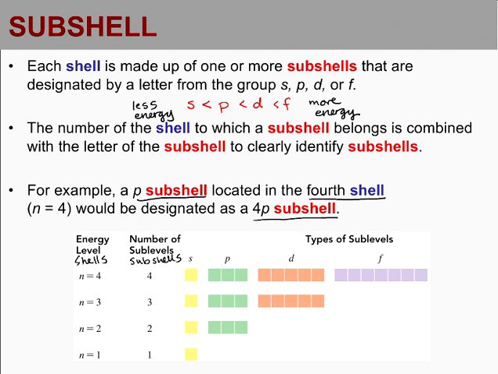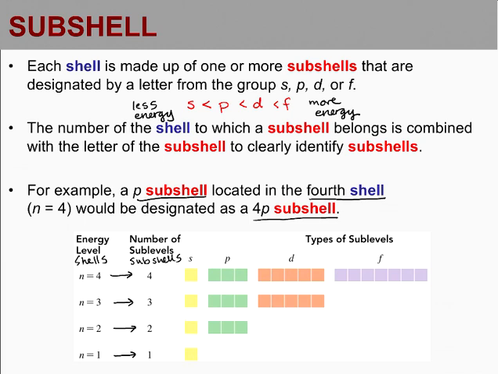So for example, in the energy level 1, or shell 1, there's only 1 subshell. In energy level 2, or shell 2, there are 2 subshells. And that trend continues. So these are similar to the different hotels and their number of floors. So Hotel 4 had 4 floors, Hotel 3 had 3 floors, etc.